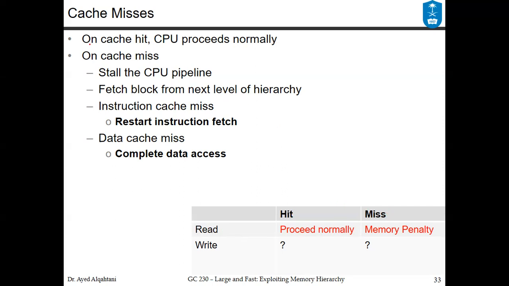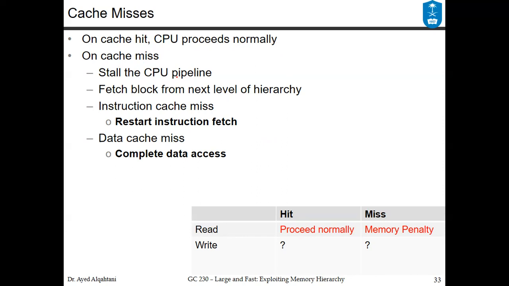On a cache hit of the read, the CPU proceeds normally because you find the data and that's it. You continue doing the pipelining in the processor. On a cache miss, you stall the CPU pipeline. You need to stop and wait.